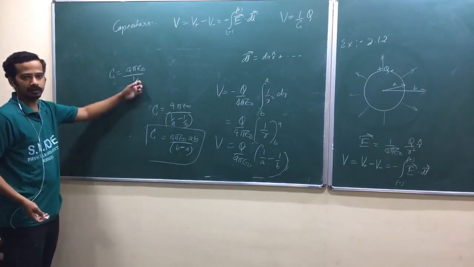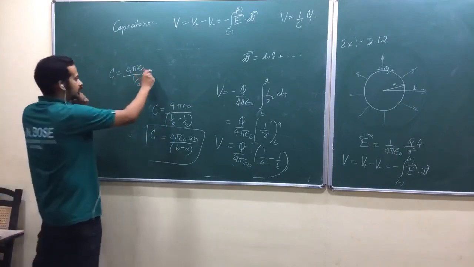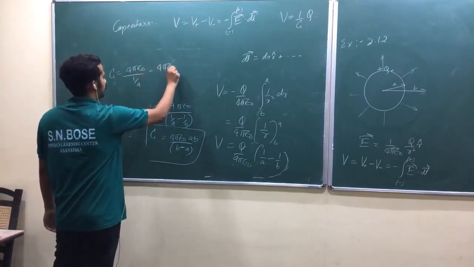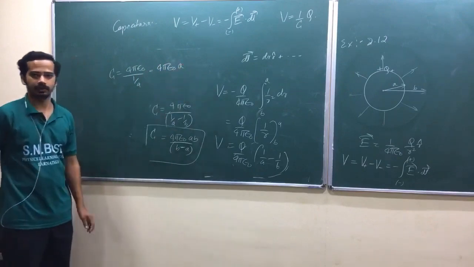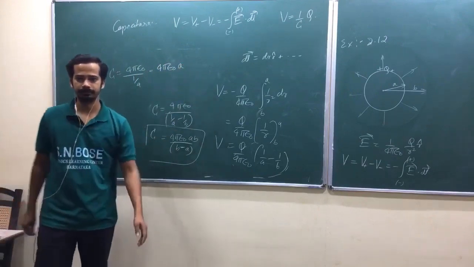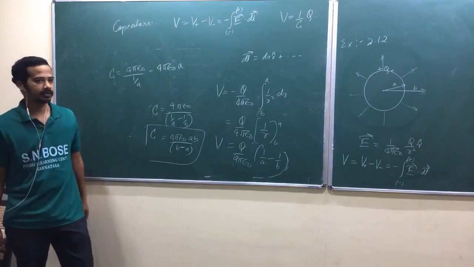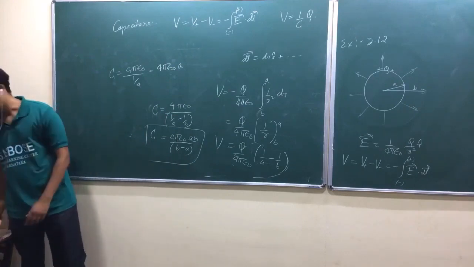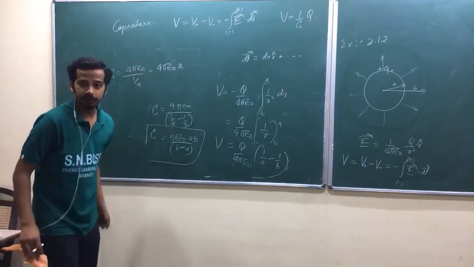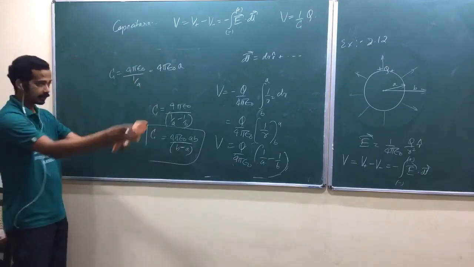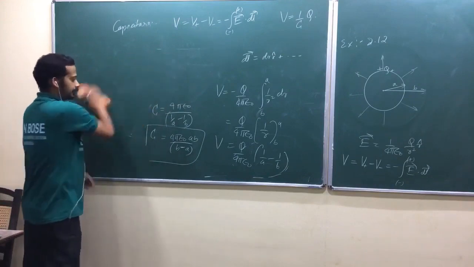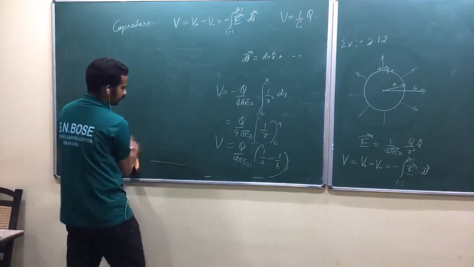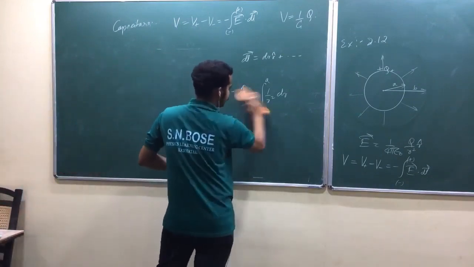This is the capacitance of a sphere, 4 pi epsilon naught into A. Can I say like that? Capacitance of only one sphere. But to use this one, you should assume the other sphere at infinity. I just extended this argument, so have a note on that.